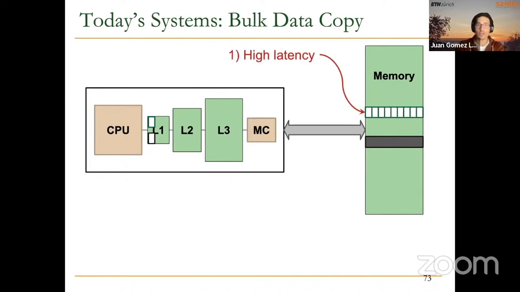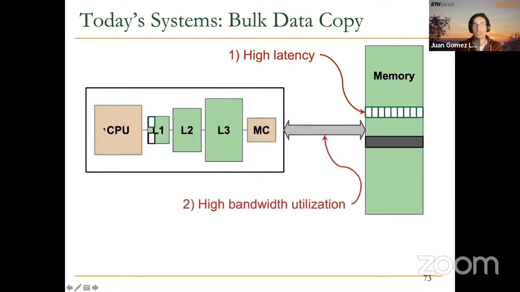And this operation is very high latency because in order to move something that is here to another position very close to it, I have to go all the way through this memory bus, through this memory hierarchy up to the CPU. And this also entails high bandwidth utilization. This causes cache pollution because I may have in the caches data that is really useful from maybe other parts of the application or other applications.